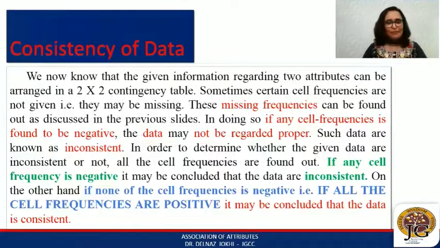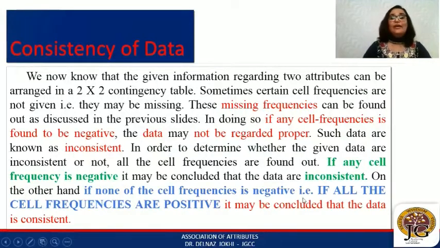ऐसा आप बोल सकते हो. Okay, let me make it more clear to you. Look at the green color over here. If any cell frequency is negative आती तो, then we conclude that the data is inconsistent. Inconsistent का मतलब क्या हुआ? डेटा प्रॉपर नहीं है, डेटा ठीक नहीं है, उसको हम बोलते हैं inconsistent. ठीक है. पर consistent कब होता है? Look at this in blue color over here.